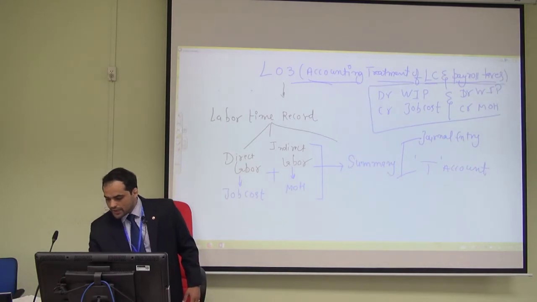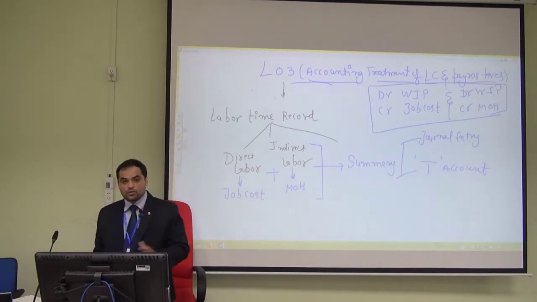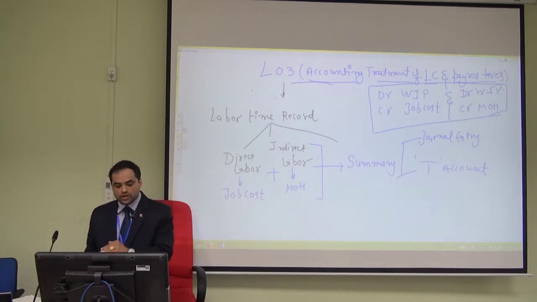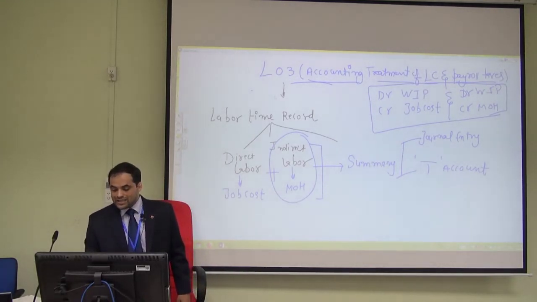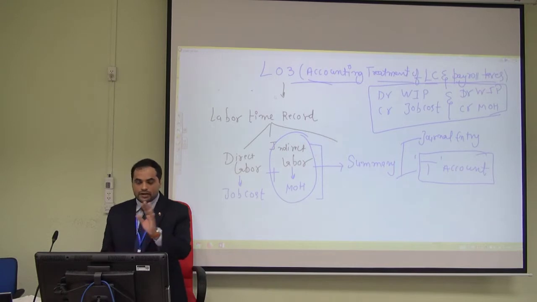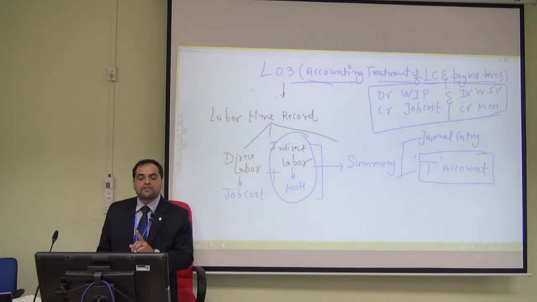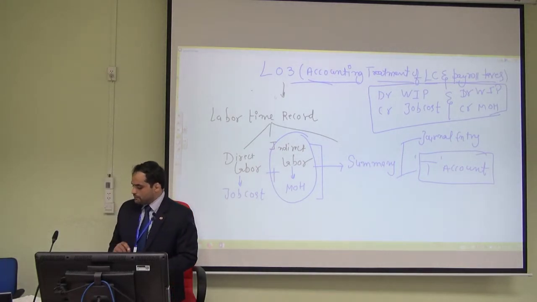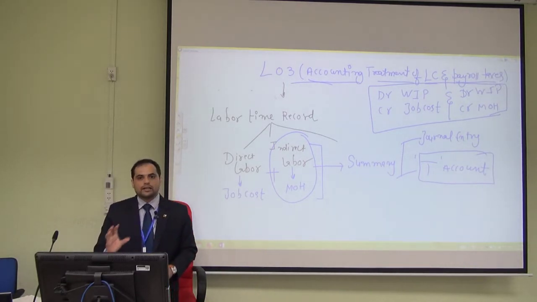You can combine this into one journal entry as I explained before: debit work in process, credit job cost or direct labor cost, and credit manufacturing overhead. Manufacturing overhead comes from indirect labor. Direct cost transfers directly to work in process, indirect labor cost transfers to manufacturing overhead, and then we have the total manufacturing overhead, which will transfer to work in process. That is the very basic accounting treatment related to labor cost.